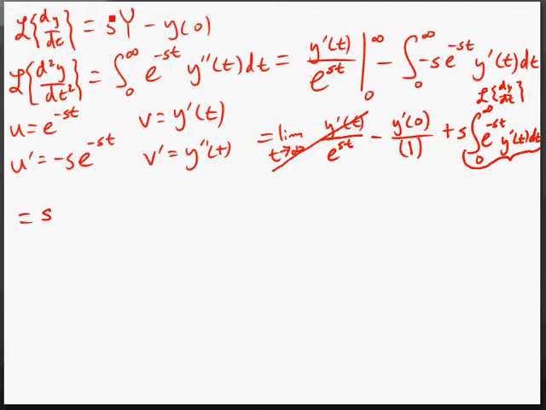So this winds up being s times sY, big Y, minus y of 0. And then of course I have this first term sitting out here, which is minus y prime of 0. So this simplifies to s squared times big Y minus s times little y of 0 minus little y prime of 0.